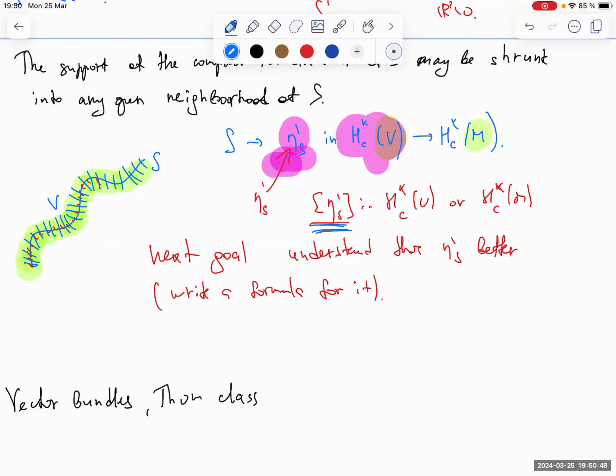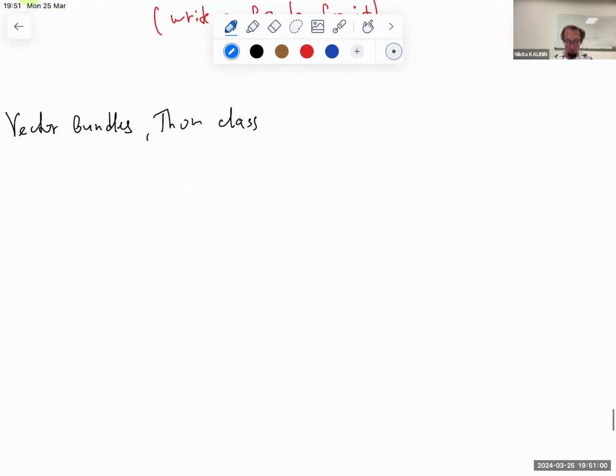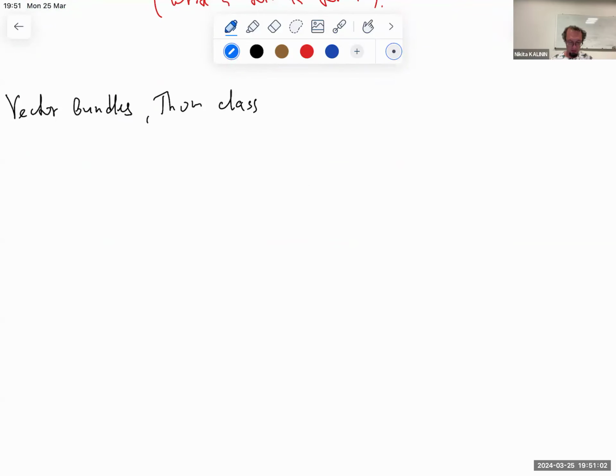Yes. Okay, so now let's go to the discussion of what a vector bundle is, and so on. Let me give you all the definitions, because at least half of the people wrote that they don't know what that is.